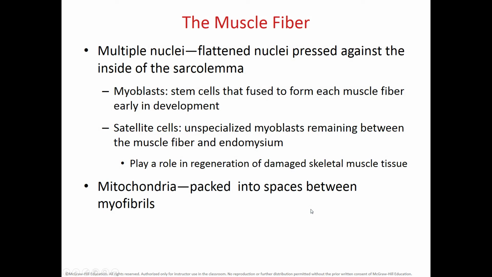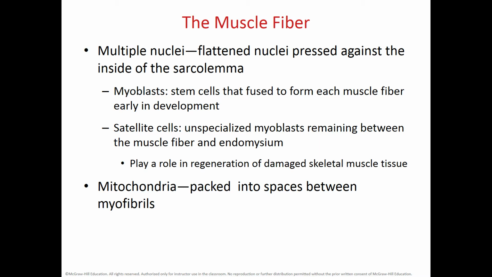So the muscle fibers, as we said before, are the name of the individual cells in the muscles. And the skeletal muscle fibers have multiple nuclei that are located inside the sarcolemma, pressed against the sarcolemma. And the muscle fibers are derived from stem cells that we call myoblasts.